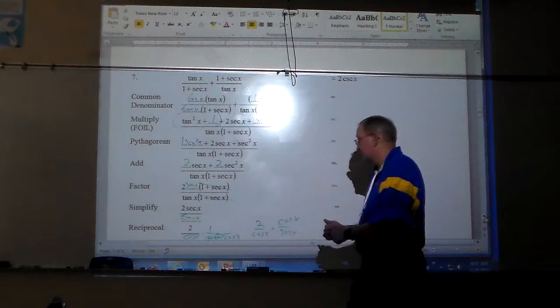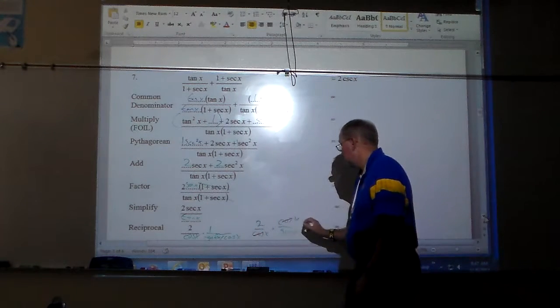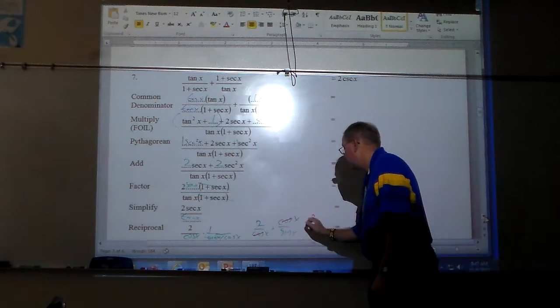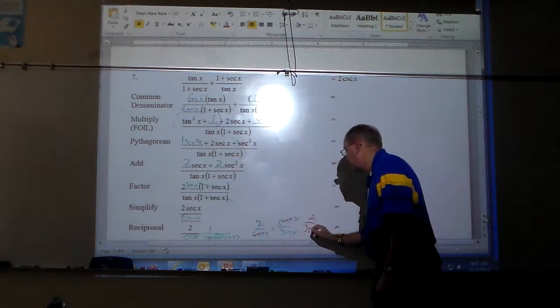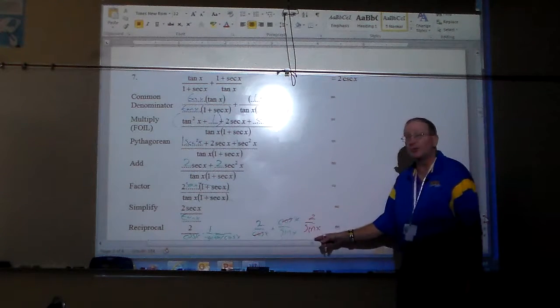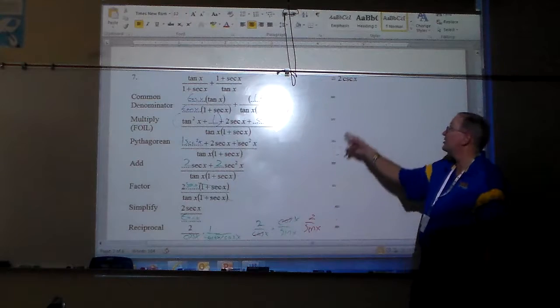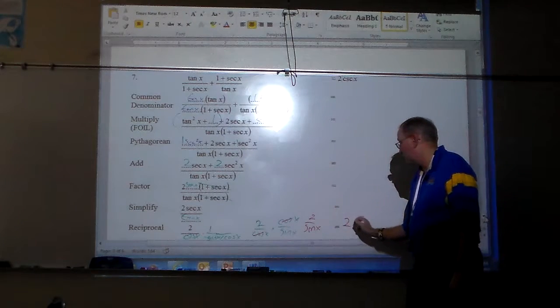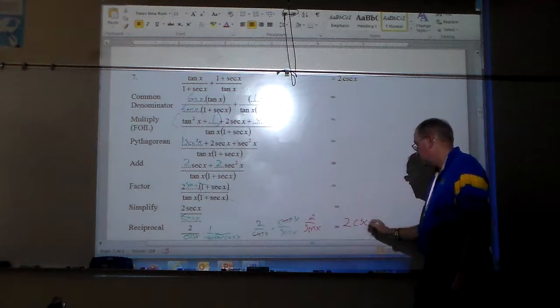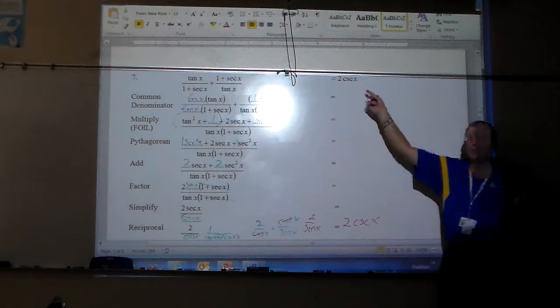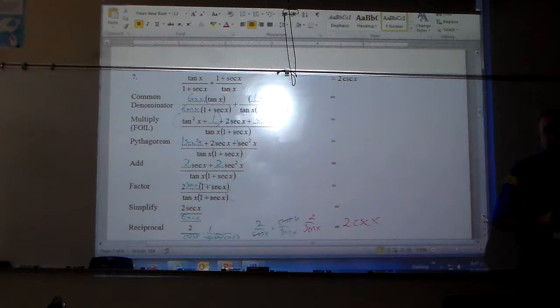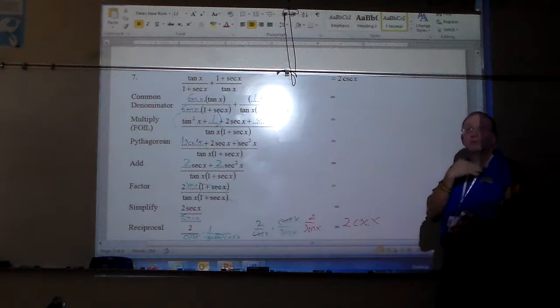The cosines are going to cancel out. So we have 2 over sine x. And if I use the reciprocal for it, what's the reciprocal for sine? I want to move it up to the top. 2 cosecant x, which is what we started, or what we wanted to get it to. Okay, go ahead. Go ahead and stop it.